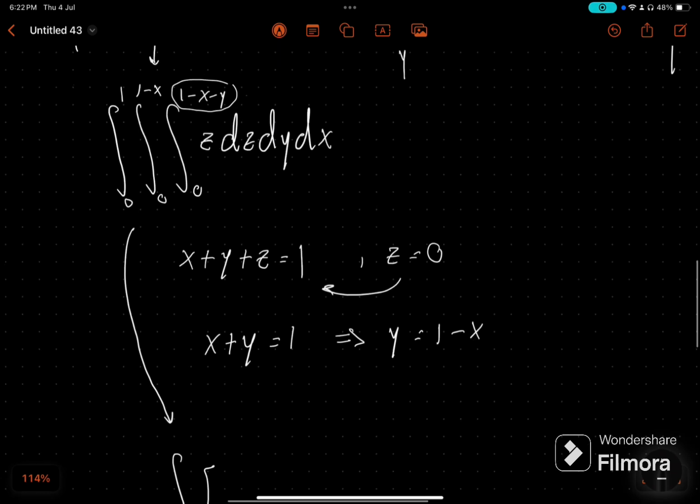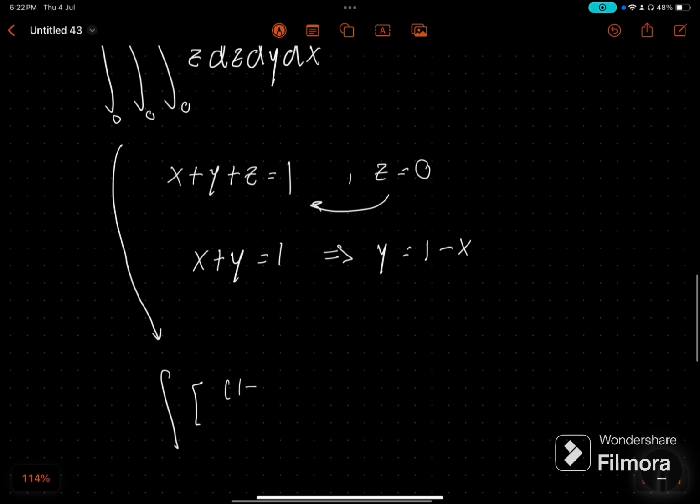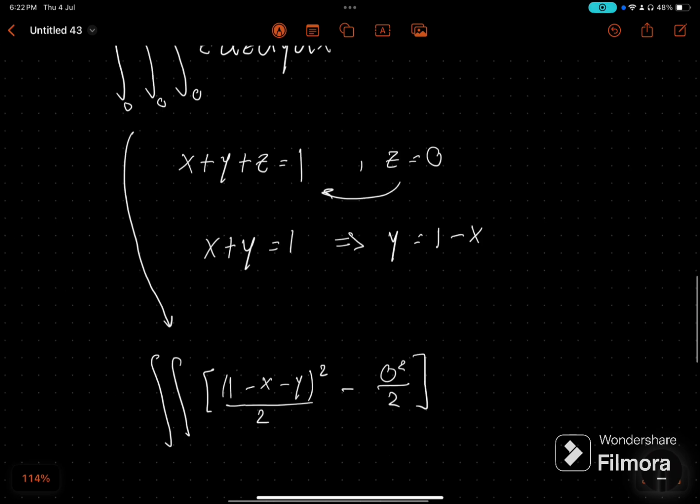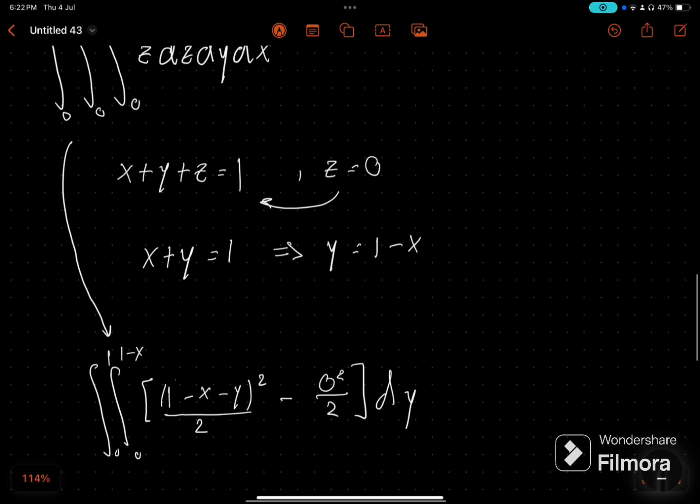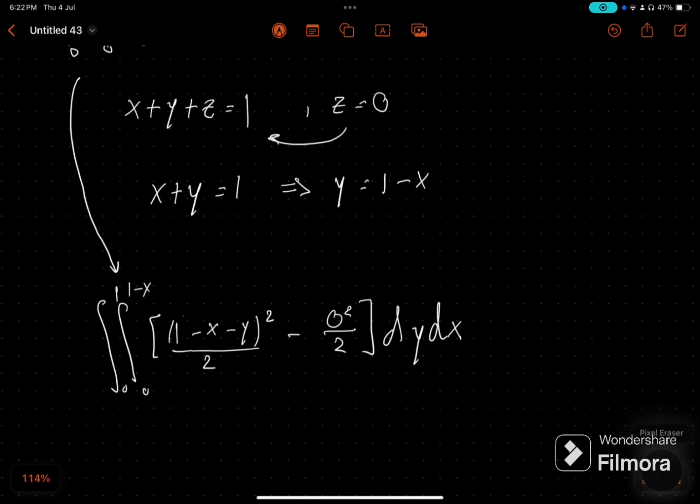So it's basically 1 minus x minus y all squared, divided by 2, minus 0 squared divided by 2. And then we get the other boundaries, and so dy dx.